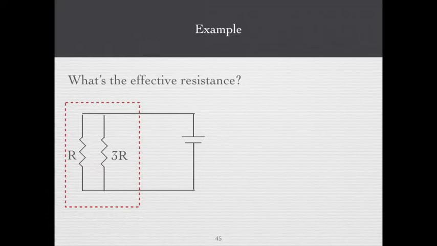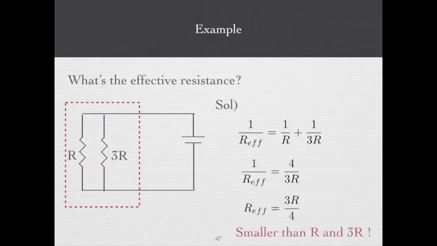If they're connected in parallel, then the effective resistance, which can represent both of them together, is given by the sum of the inverse of the resistances. So 1 over R effective is 1 over R plus 1 over 3R. After some simple algebra, you get 3R over 4. That's kind of remarkable if you think about this number.